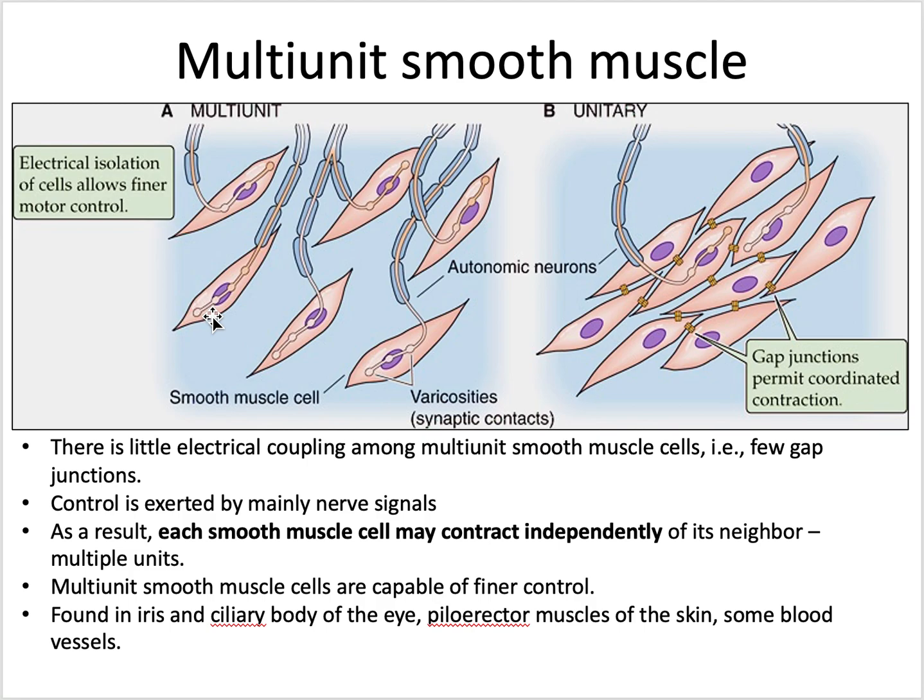Their contractions are independently regulated, and this allows for greater control, mainly exerted through the nervous system for multi-unit smooth muscle. Because each smooth muscle cell contracts independently, you have a greater degree of finer control over this type of smooth muscle.